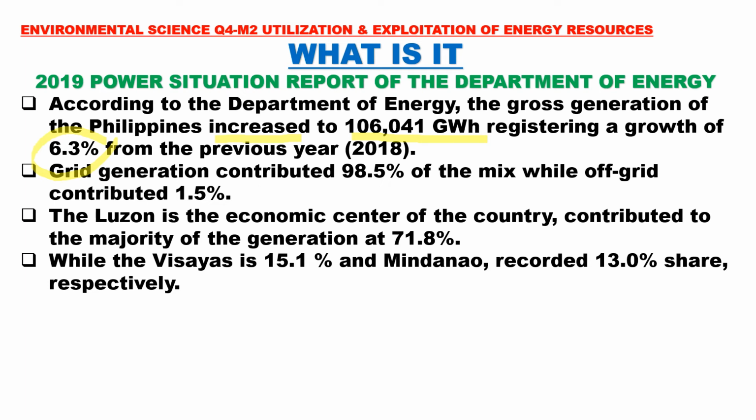Grid generation contributed 98.5% of the mix, while off-grid contributed 1.5%. Luzon, the economic center of the country, contributed the majority of the generation at 71.8%, while the Visayas had 15.1% and Mindanao recorded a 13.0% share, respectively.